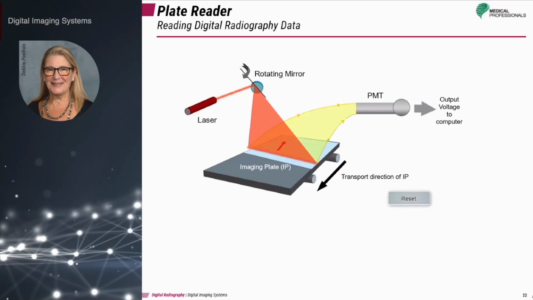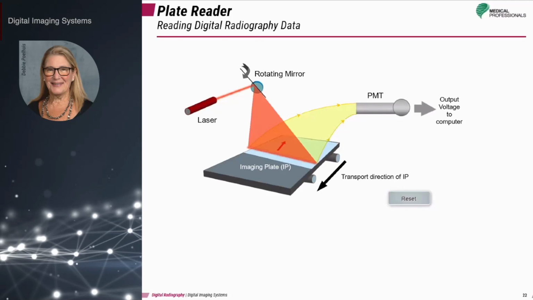The laser scans the plate in a raster pattern, again from left to right, stimulating the trapped electrons and freeing them from the F centers. As the plate moves, an oscillating mirror deflects the laser beam, and it goes back and forth across the imaging plate.